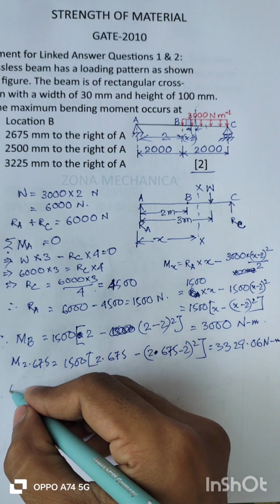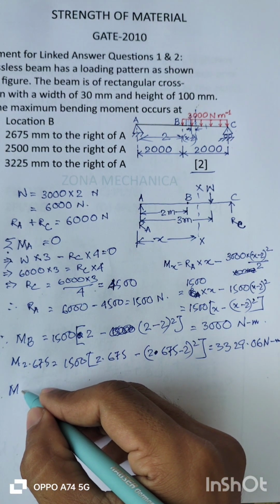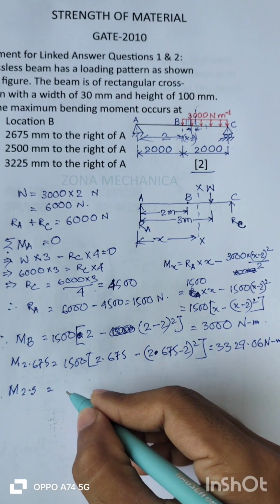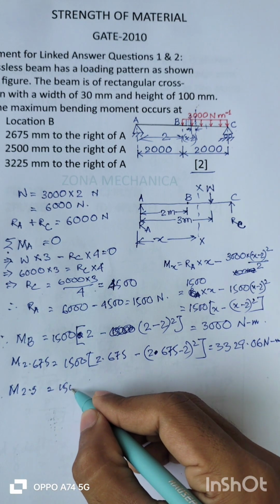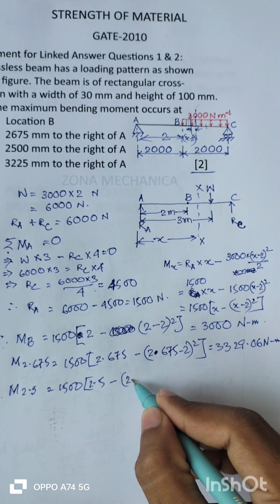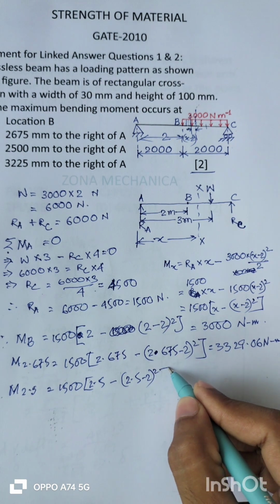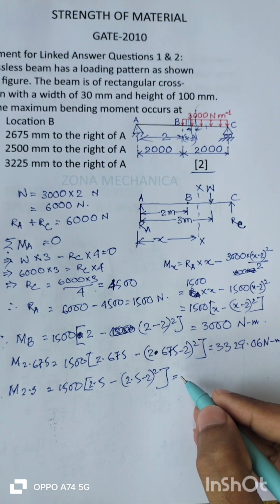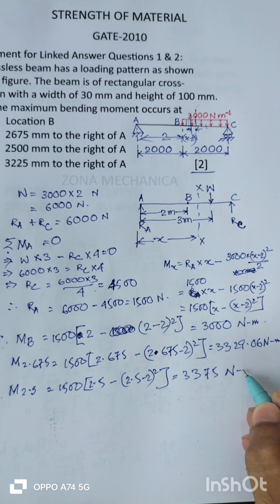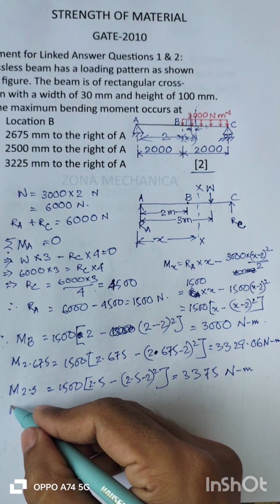And M2500, that is 2.5, will be equal to 1500 into 2.5 minus 2.5 minus 2 whole square, so this will give 3375 Newton meters.